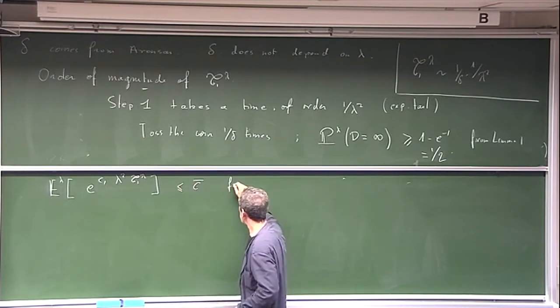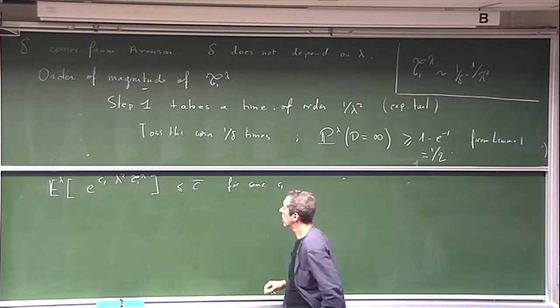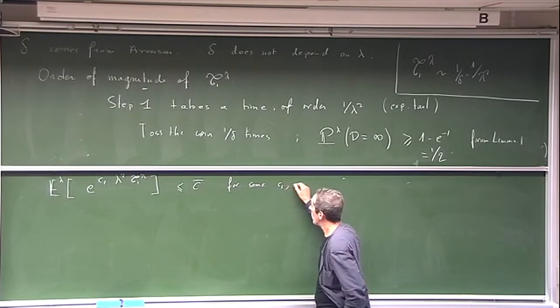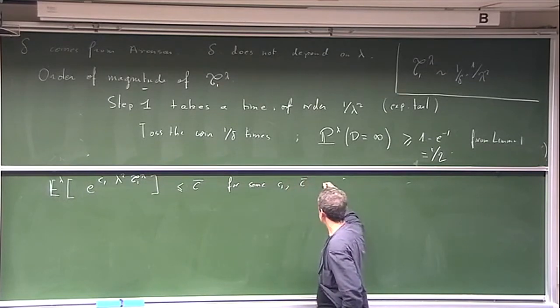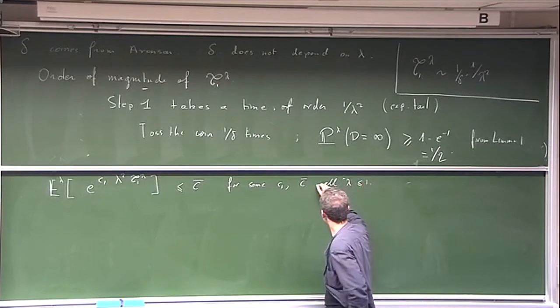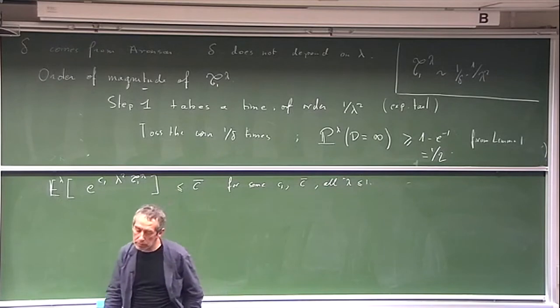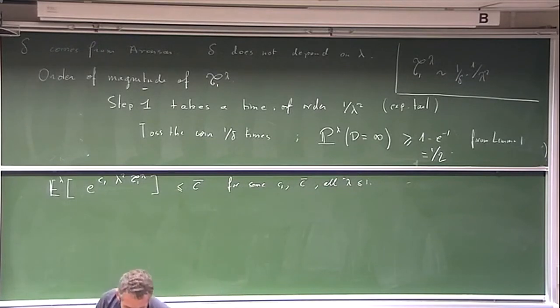Okay. For some C1, and some C bar, and all lambda small enough. That was one bound I stated last time, I guess.